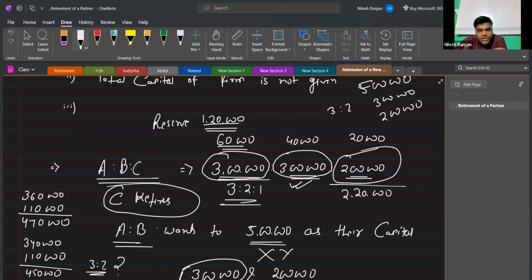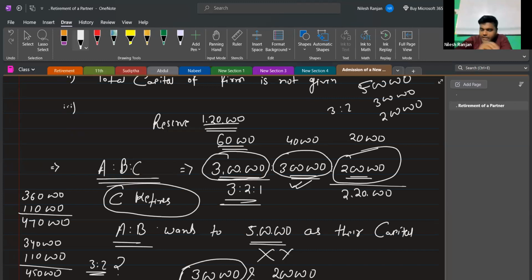Actually, we are not sure which partner will bring how much cash. We are sure that they will bring cash, but who will bring how much, we don't know.